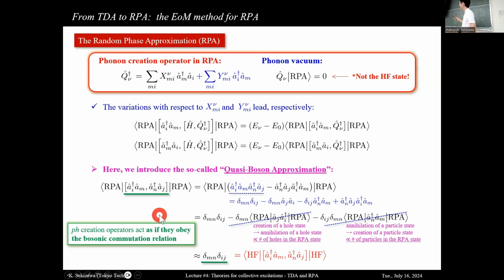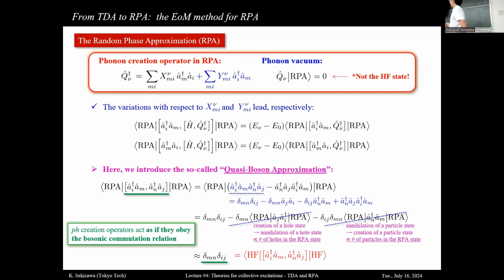So you can regard A dagger A as a bosonic operator, then it provides you this Kronecker delta. And the quasi-boson approximation assumes that this bosonic commutation relation is satisfied at the level of expectation value in the RPA state.